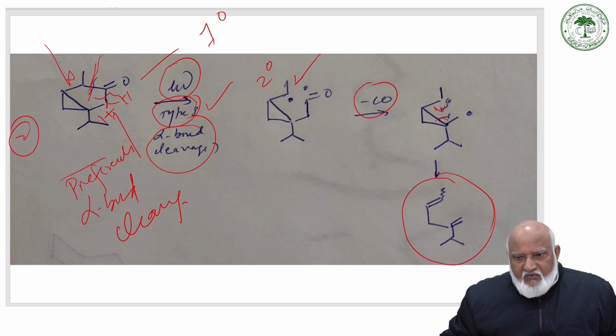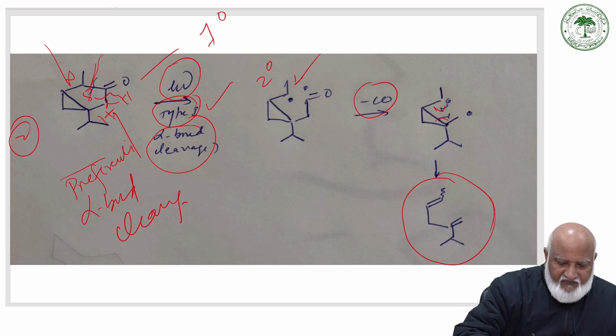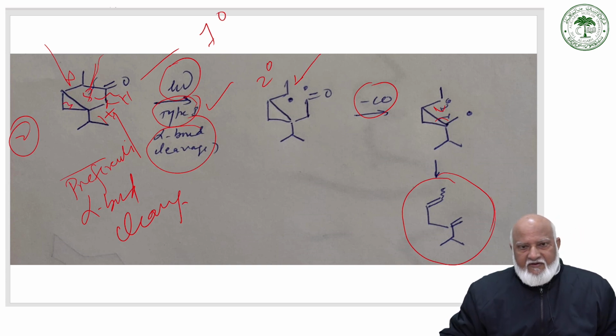This is one of the neutral products formed in the photoreaction of this bicyclic 5 and 3 ring system, where the alpha carbon is methyl substituted, and there is an isopropyl group at another position, the 1 to 3 position as well.